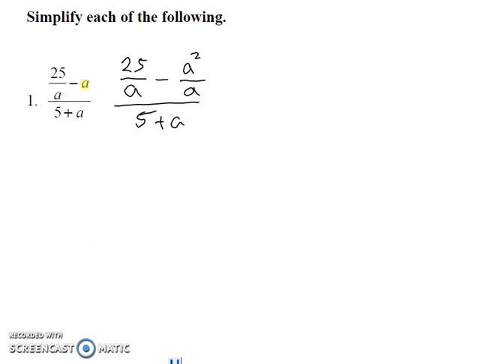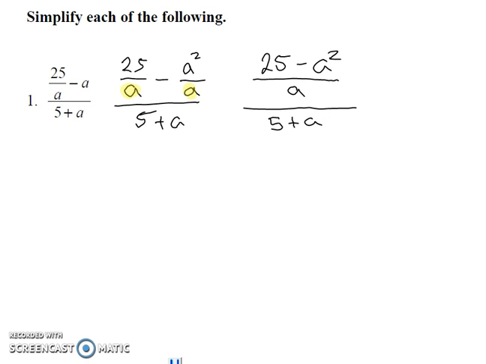So now you can rearrange that numerator to 25 minus a squared over a. You have common denominators, so you can go ahead and combine the 25 minus a squared all over a, and then don't forget that's still all over 5 plus a.